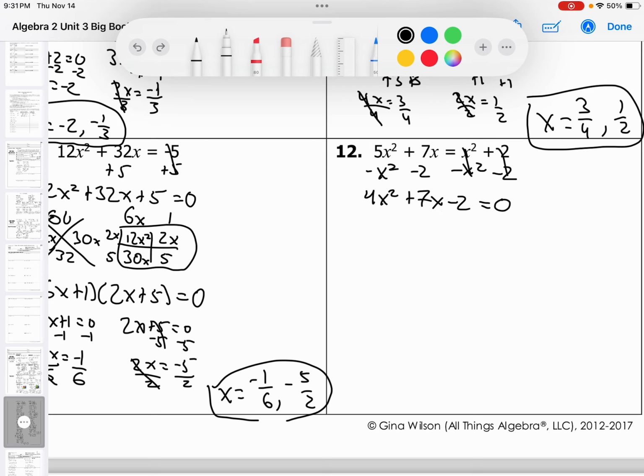Once again, there is no greatest common factor, so we need to do the x and the box. 4 times negative 2 is negative 8, and 7 goes on the bottom. Numbers that multiply to negative 8 and add to 7 would be 8 and negative 1.